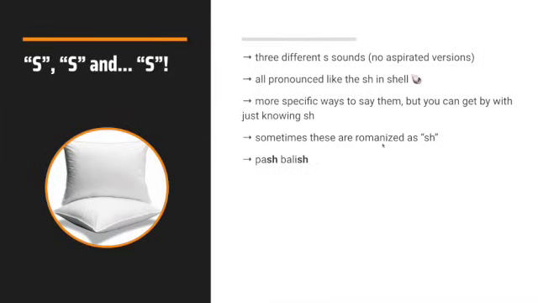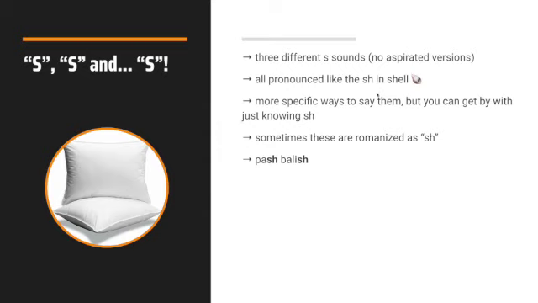Now we have 3 different S sounds. It's a little bit crazy, but you can just remember they're all pronounced like SH in the part of India that I'm teaching you how to speak Bengali about. You're going to speak Bengali in the way people from West Bengal speak it, so you just have to say it like SH.